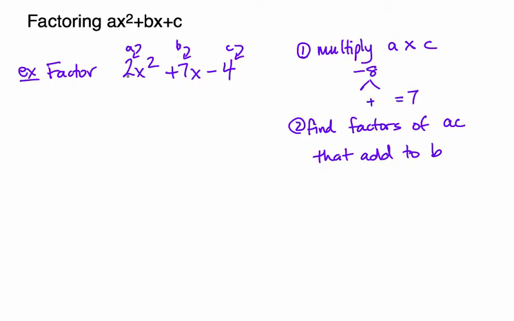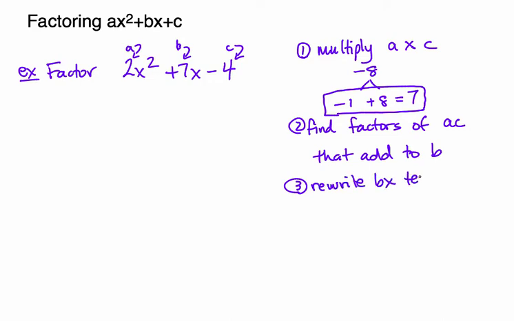Last day we just had a 1 here, so 1 times c, we just used the number c. But now I need to do this, so negative 1 and positive 8. Those multiply to negative 8 and add to 7. And now, if negative 1 and positive 8 make 7, then we rewrite the bx term.